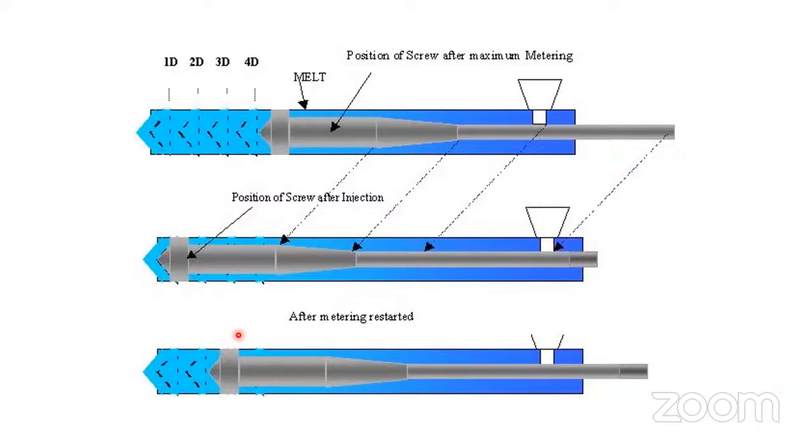Sir, my doubt is that at 4D point, 1, 2, 3D, 4D. हाँ हाँ, 4D means the diameter will be more, right, compared to 1D. Now, this screw, this is a screw tip, position of screw at 4D will be, there will be particular gap.